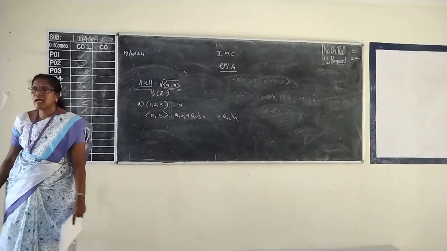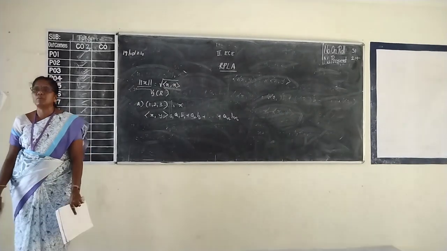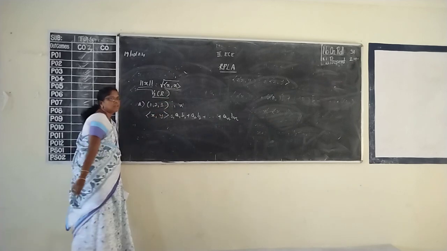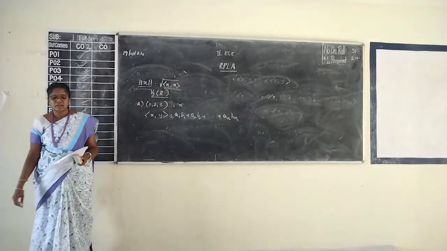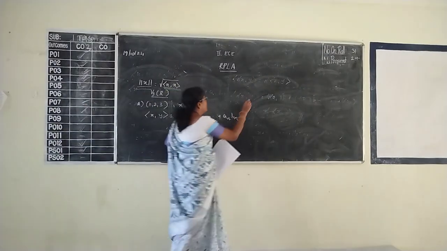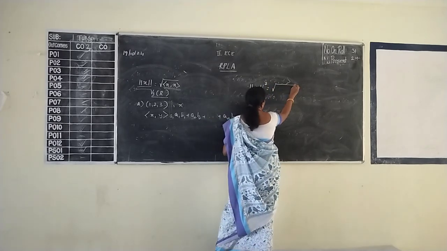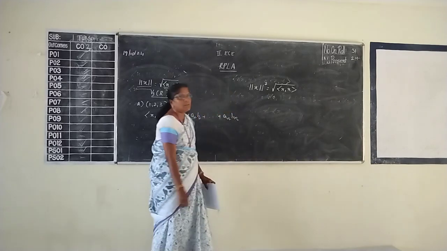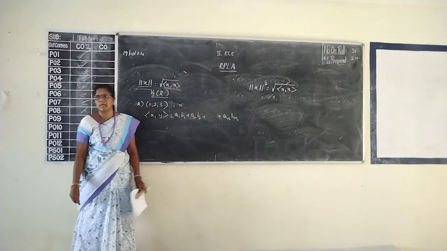Yes, the standard inner product of V3 of R. Right? Therefore, norm of x is equal to square root of inner product of x comma x.